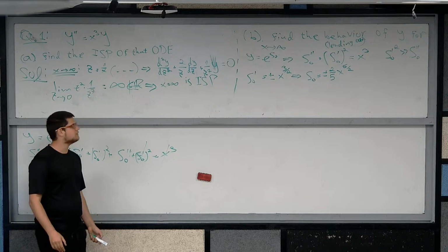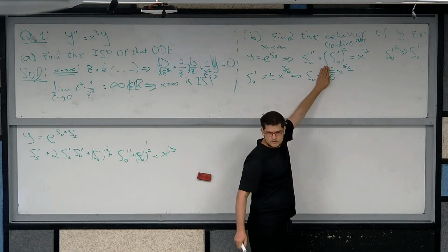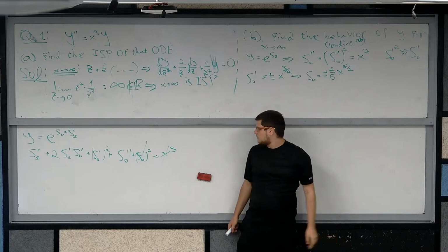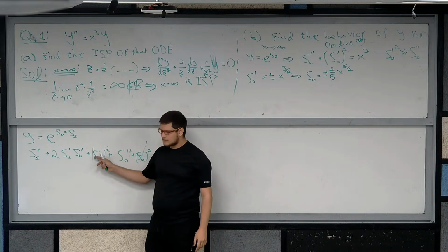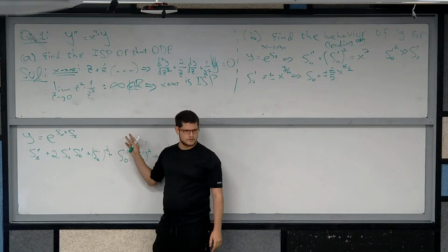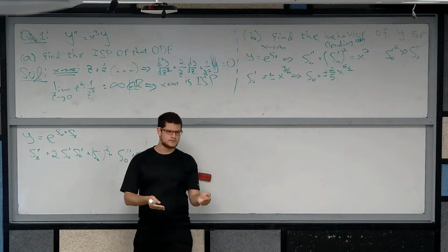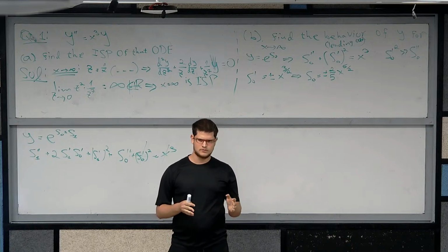So for example, if I got only one solution, I will probably try at the start to look if I can balance something with S1 prime squared. Okay, so I will get two solutions. Do you understand me?